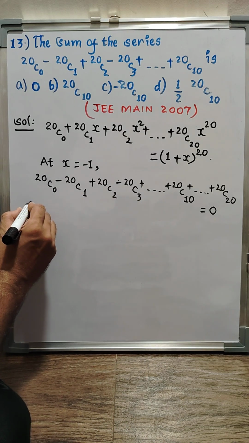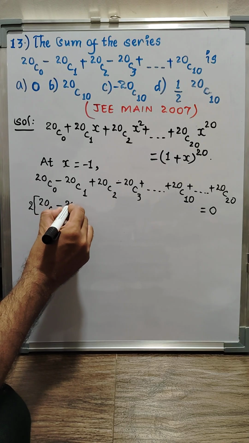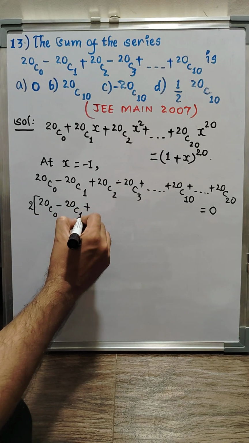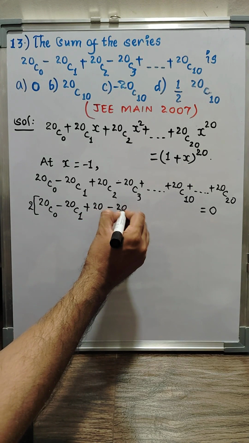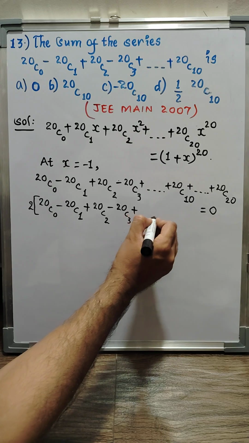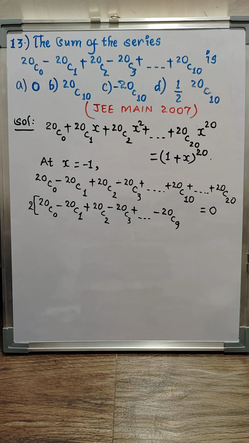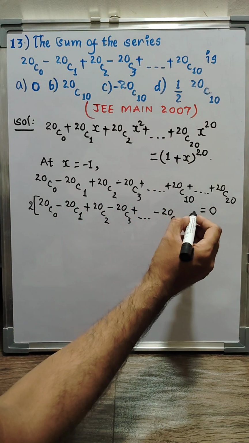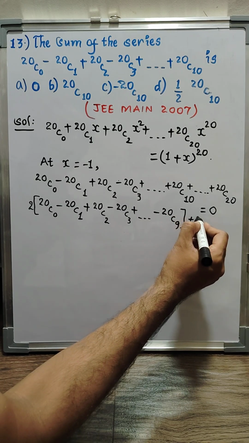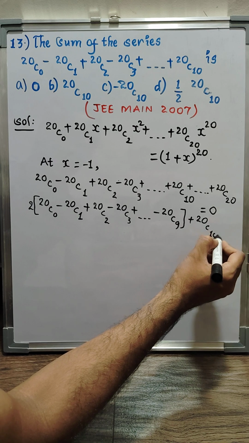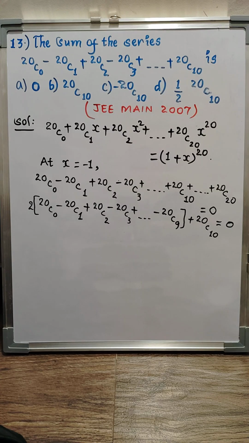So I can write this expression as 2 times (20C0 minus 20C1 plus 20C2 minus 20C3 and so on minus 20C9), since up to this the values occur twice, and in the middle 20C10 we write as it is, once.